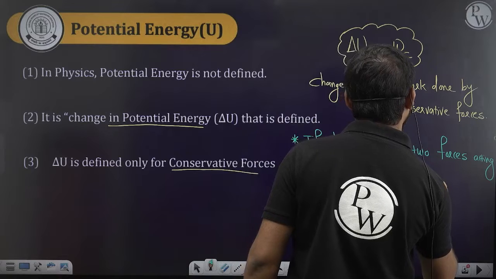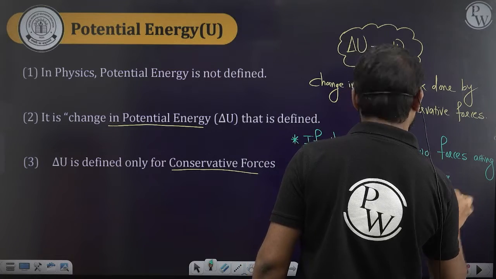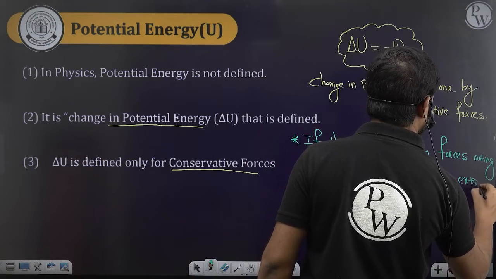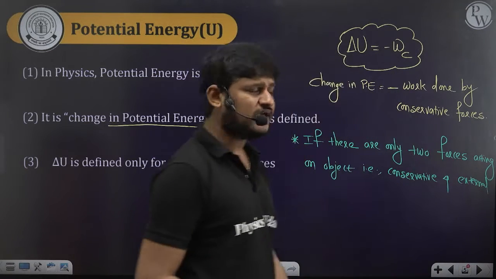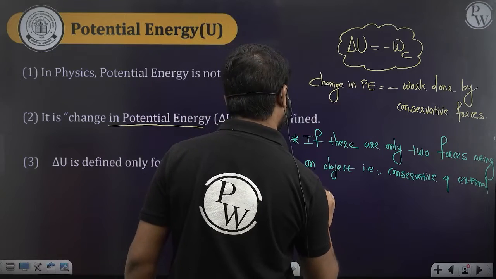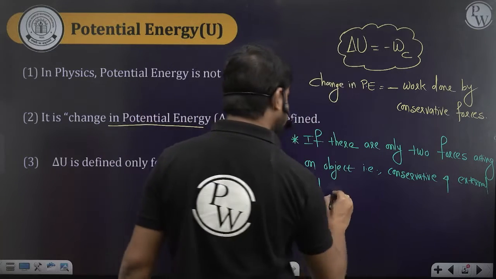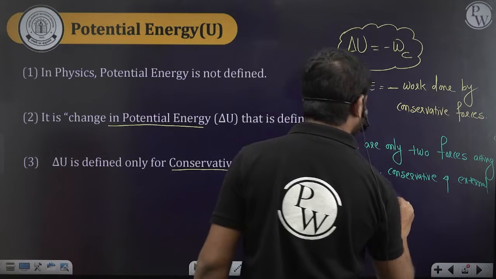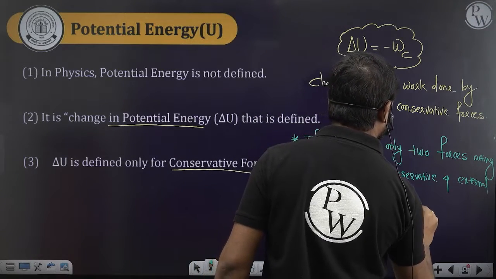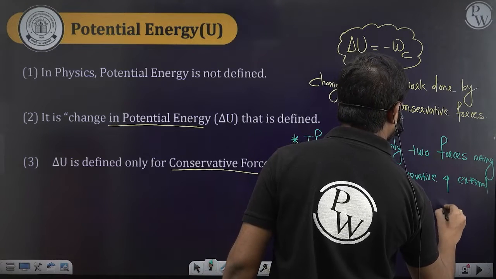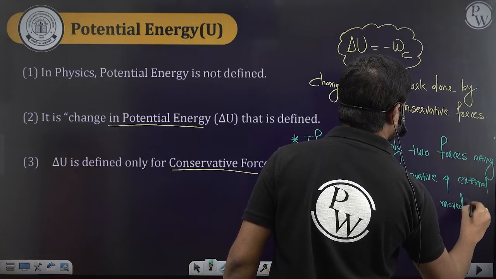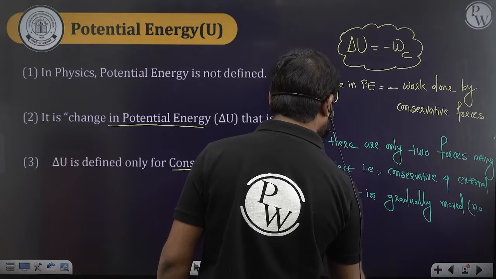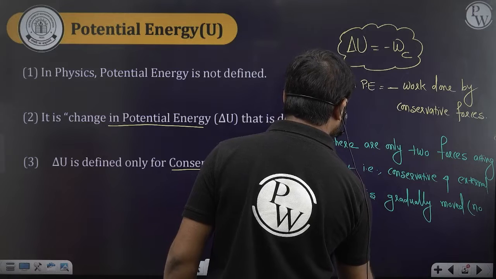One is the conservative force and the other one is an external force. And the object is gradually moved. Which means there is no change in kinetic energy.